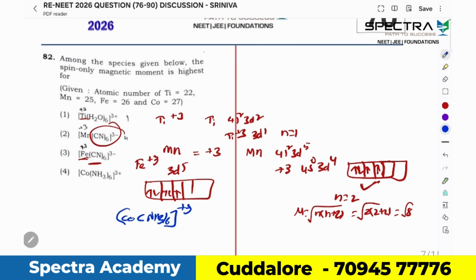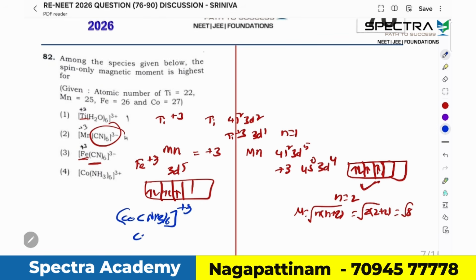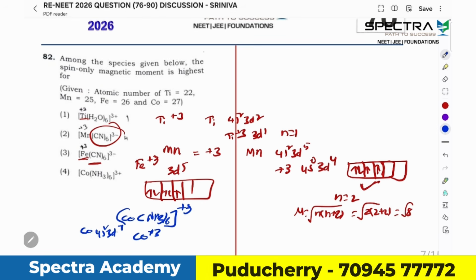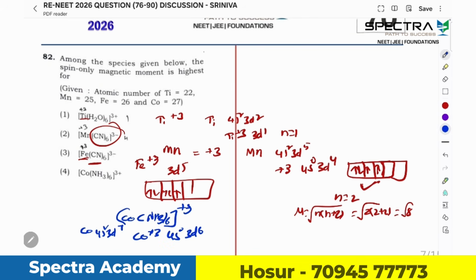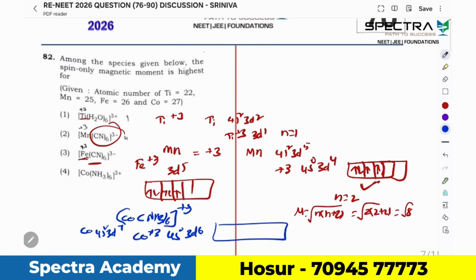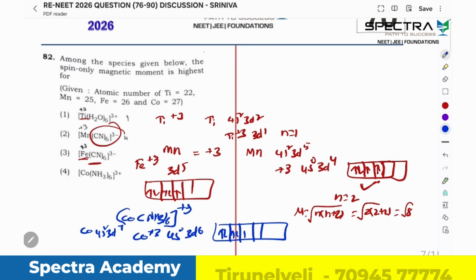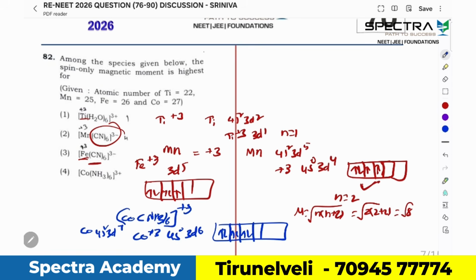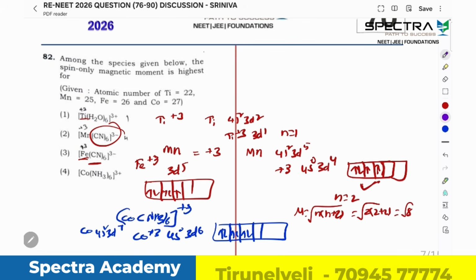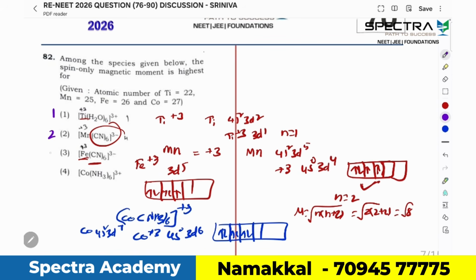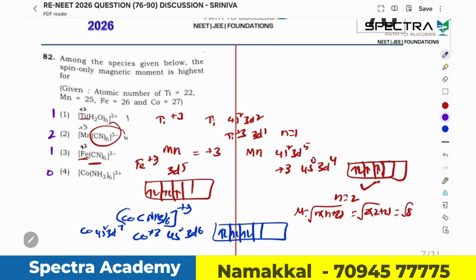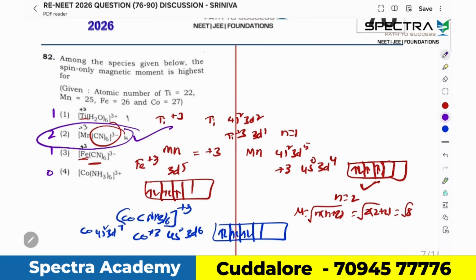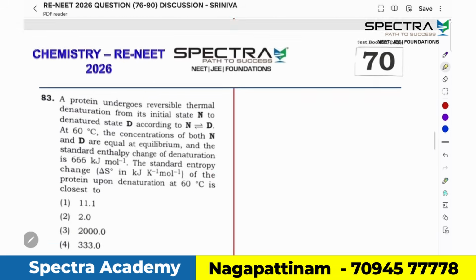Cobalt plus 3 means cobalt 4s2 3d7, so plus 3 means 4s0 3d6. It is a strong field ligand, so pairing takes place, and there is no unpaired electron here. Final conclusion: the first one has one unpaired electron, the second two, the third one, and the last zero. So you have the highest magnetic moment in manganese, the second option. Question 82, option 2 is correct.